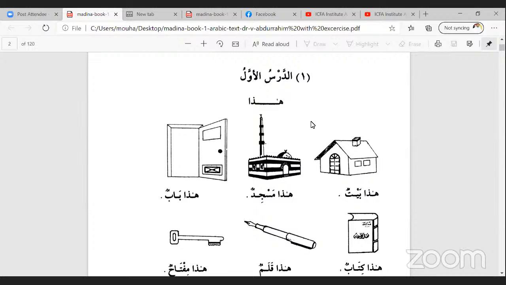But the irrational beings, they use it. In Arabic, everything has a gender. Every noun, be they human or non-humans.